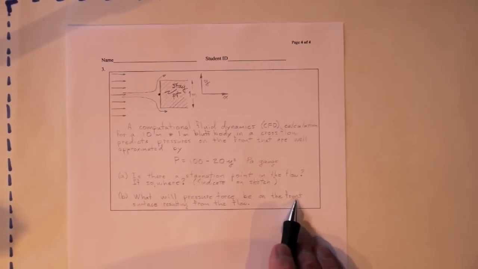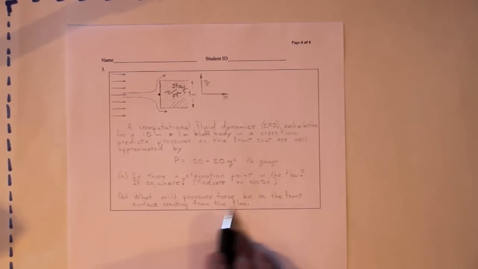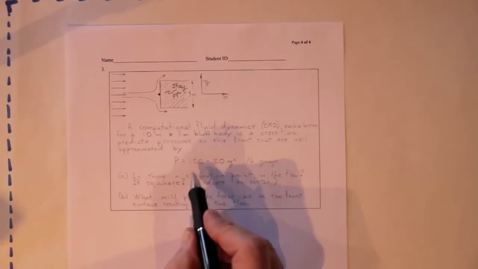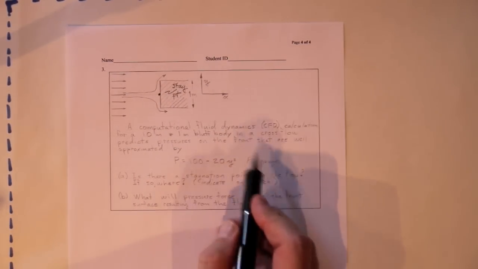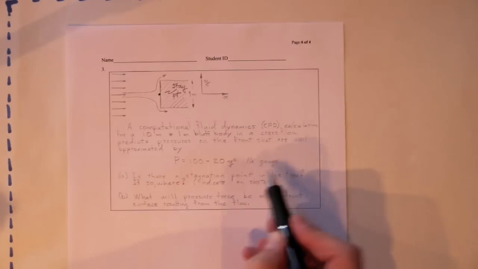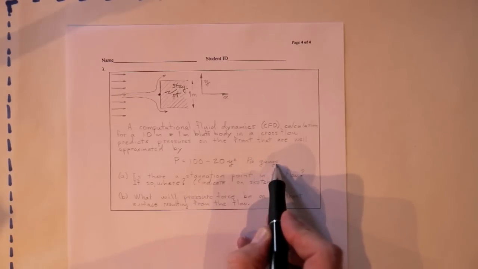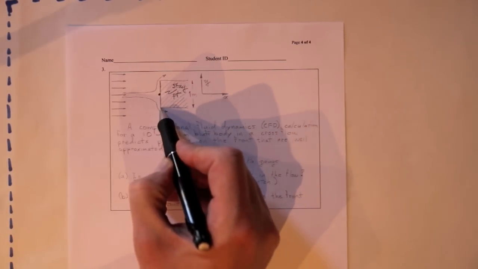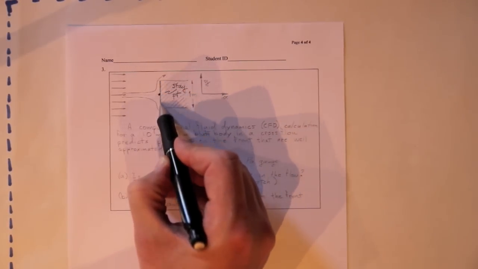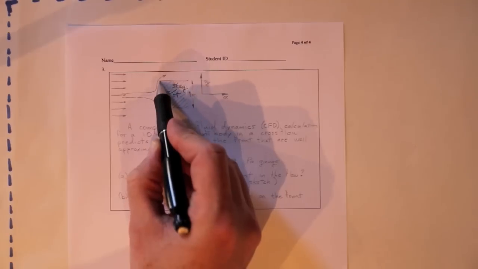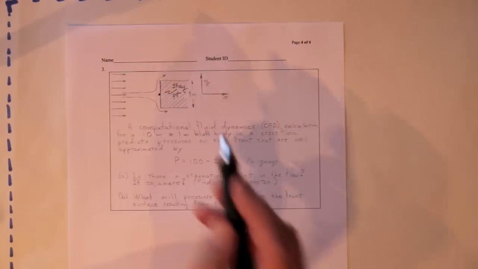What will the pressure force be on the front surface resulting from the flow? Well, the pressure here is highest, it's 100 pascals. The pressure out here is lower by minus 20 y squared pascals. So if we want to get the total pressure force on the front face acting in the x direction, we're going to have to integrate the pressure over the face.